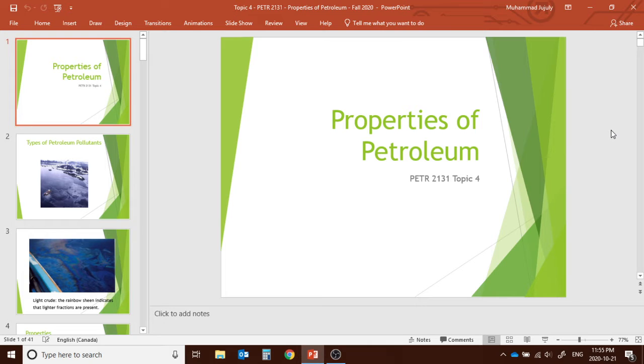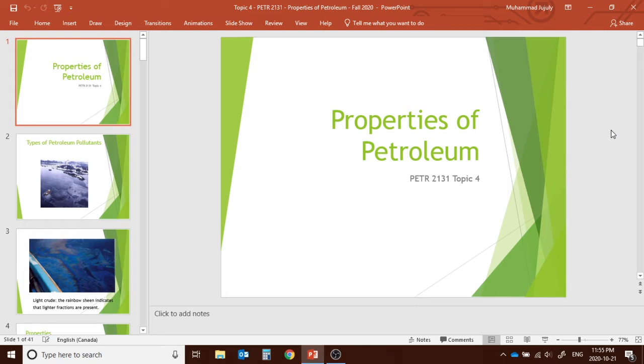At first, you have to know what the properties of the petroleum are, and later on, we will know how these properties influence the oil spill, the oil spill preparedness, and also mitigative actions like control, and all these are connected with the loss of containment. We'll see that in later topics of our course.